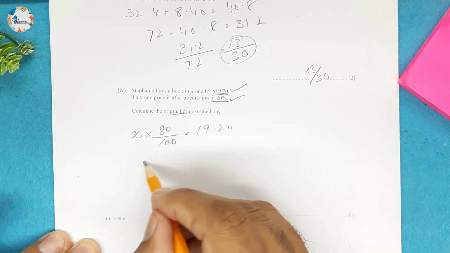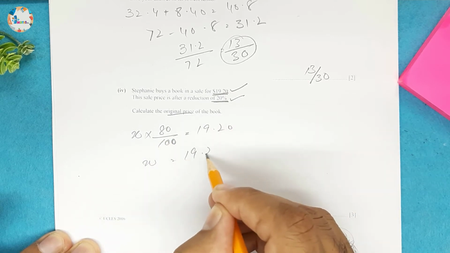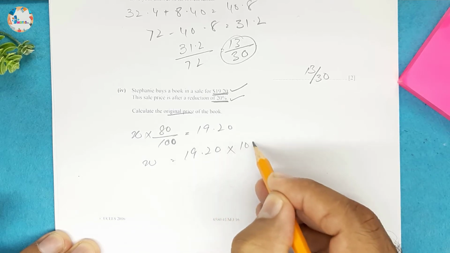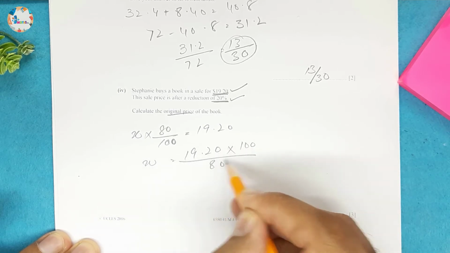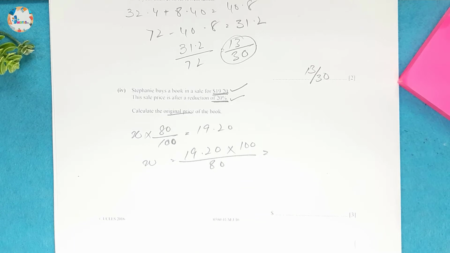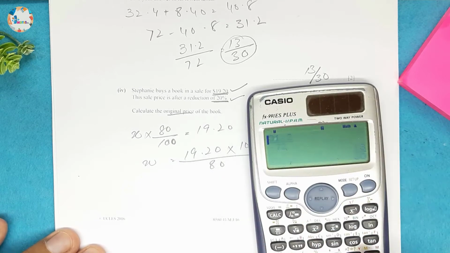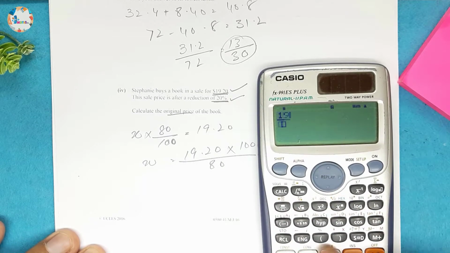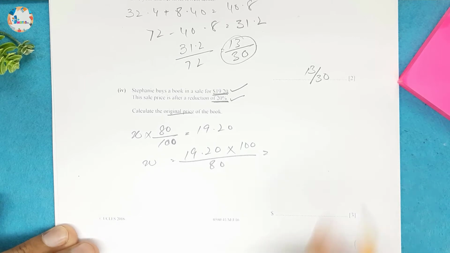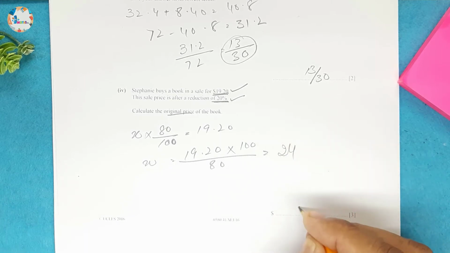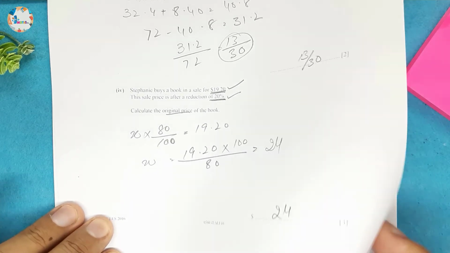So X is equal to 19.20 into 100 divided by 80, which equals $24, our answer.